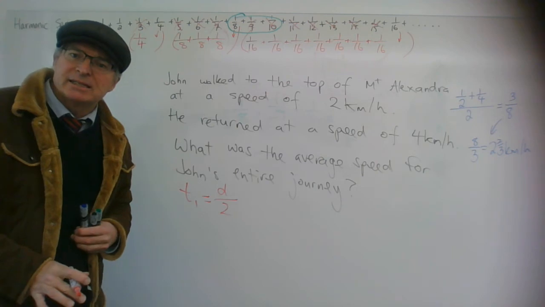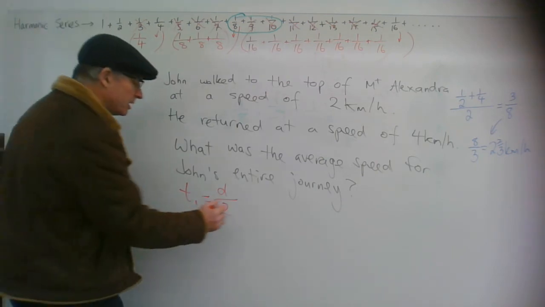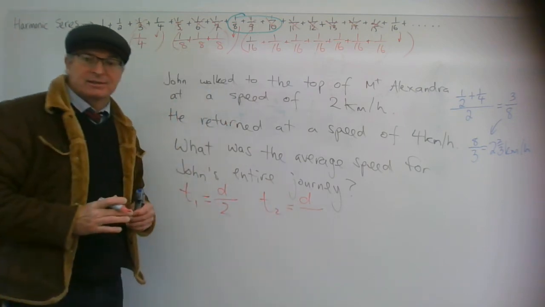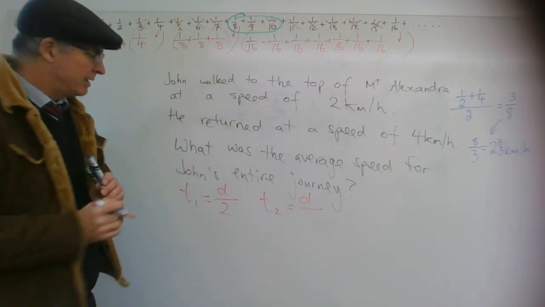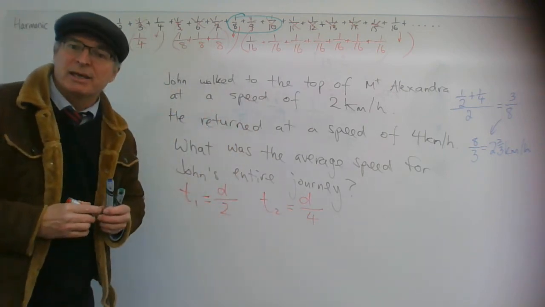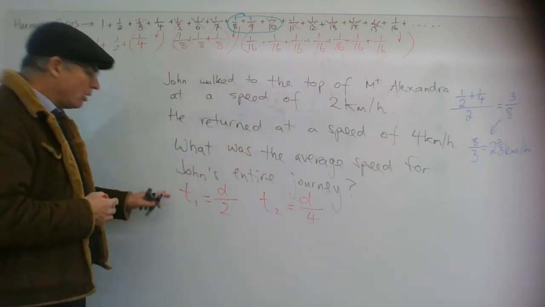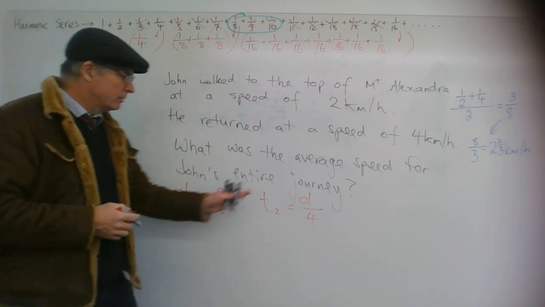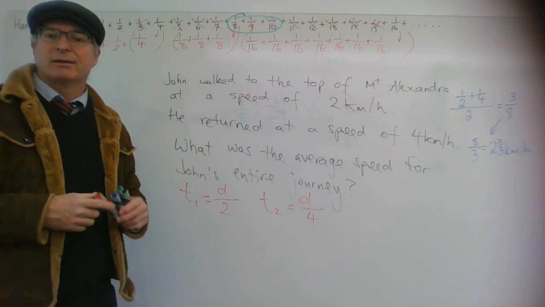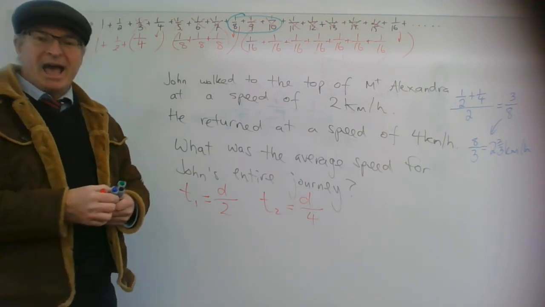And the time taken to come down, I'm going to call T2, is the same distance but divided by 4. Time is equal to distance on speed. So the total time will be d on 2 plus d on 4. And the total distance is just d plus d. It's 2d.